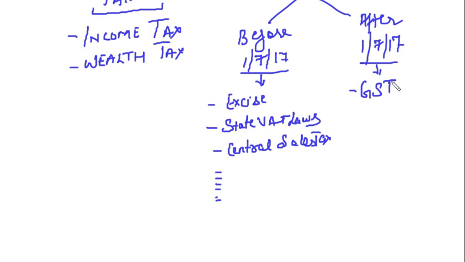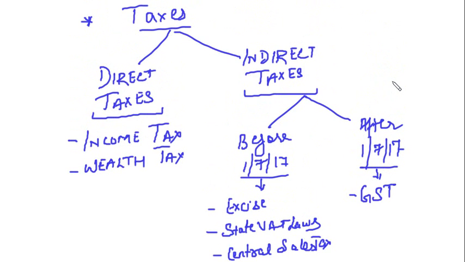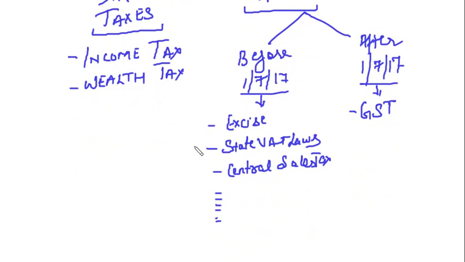right? So this is the tax structure in India. If we talk of taxes, we have direct taxes and the indirect taxes. Direct taxes, that is the tax being imposed directly on your income. It consists of income tax, wealth tax, right? And talking of indirect taxes, we have basically two periods now, that is before 1st of July 2017 and after 1st of July 2017, right?